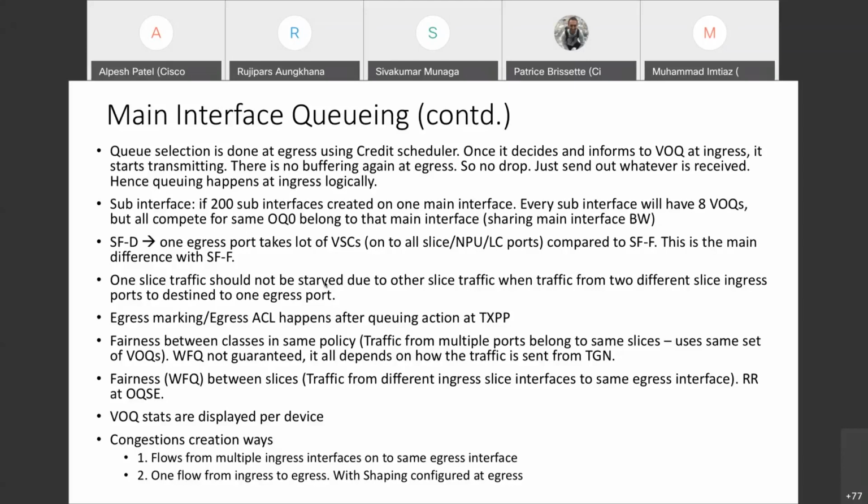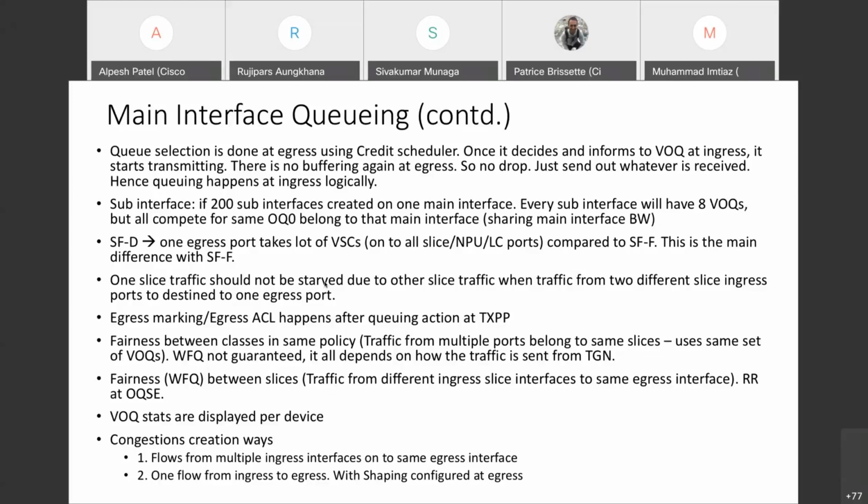Let's take one quick example. You have two line cards in the system. Based on that, each egress interface will have a certain number of VOQs on each incoming slice. Now you add an additional line card. Now what happens? Are you creating those VOQs for the older two cards which were already there?